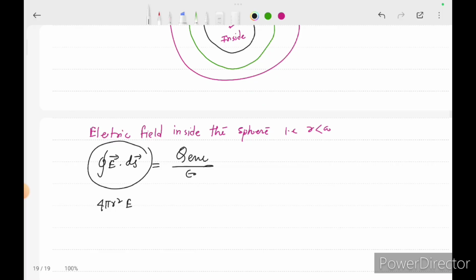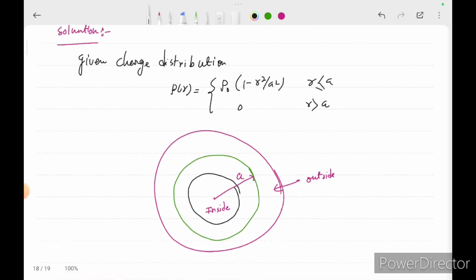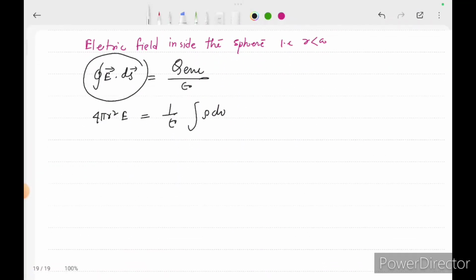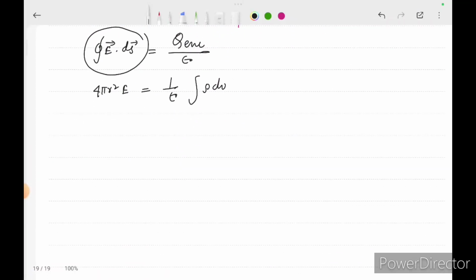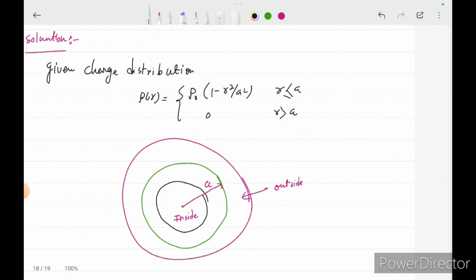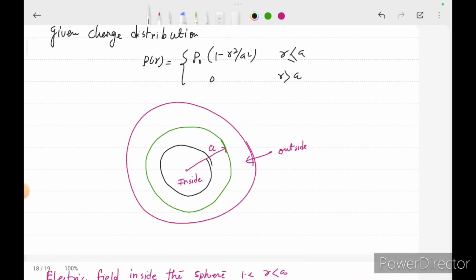4 pi r squared E equals 1 upon 4 pi epsilon naught, and q enclosed is nothing but rho dV. Here the value of rho is already given, but rho exists only up to r equals a and less than a, right?